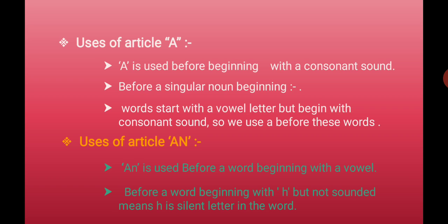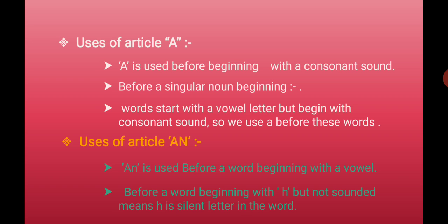Do you remember which examples we have? I have given you examples for these rules. Yes, honest. So what is the spelling of honest? The word begins with H. H is a consonant but H is silent and the pronunciation begins with O. Honest.